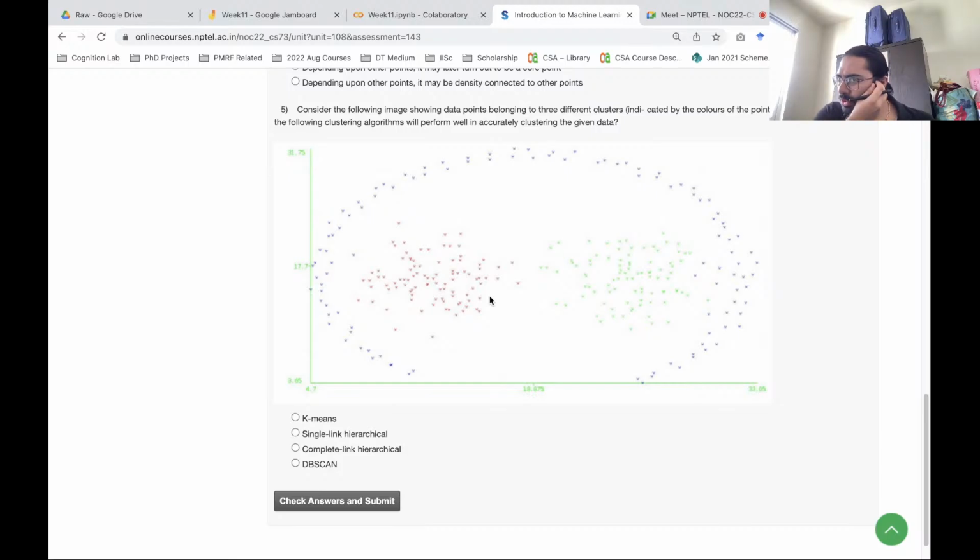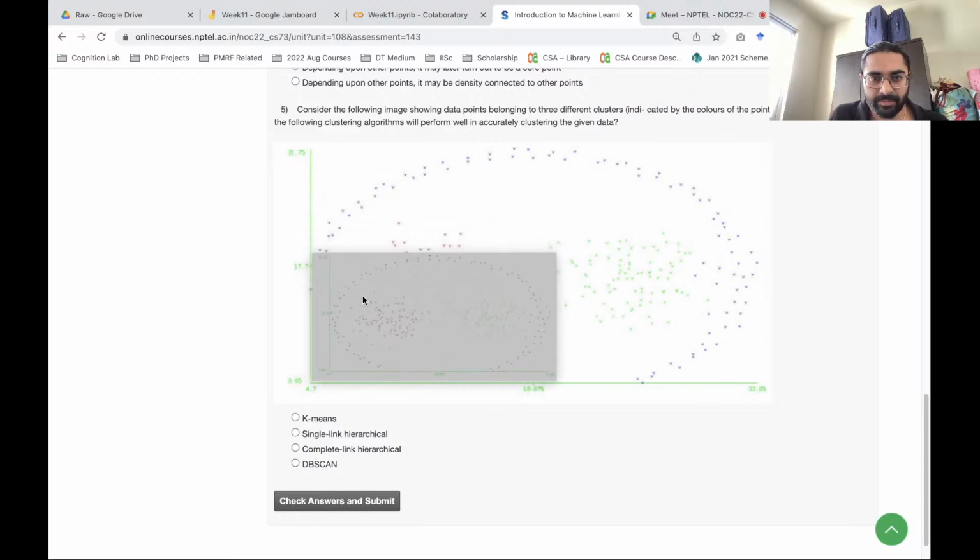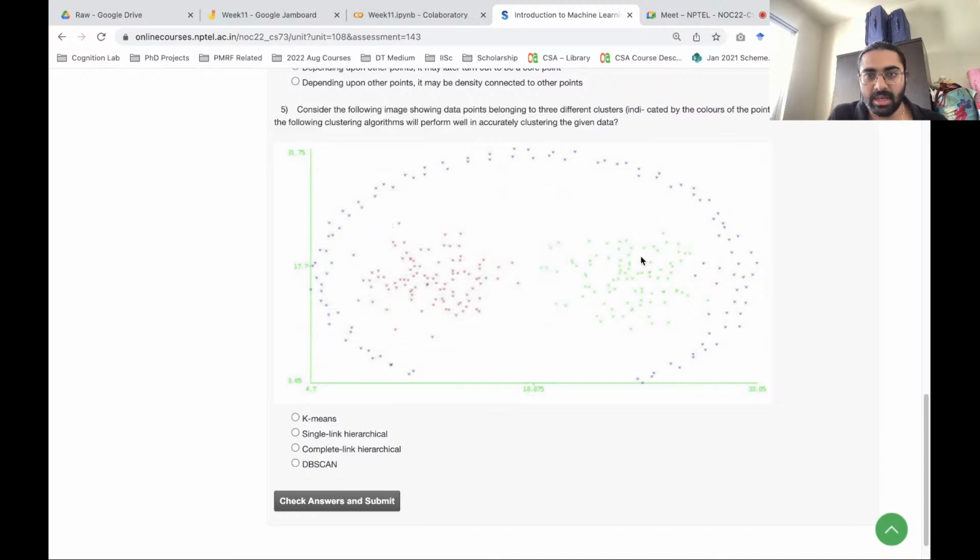Okay, so we have this question. All the points here are red, these are all green, and these are all blue, right? These are actual labels in some sense, like in the series that we saw with MNIST.